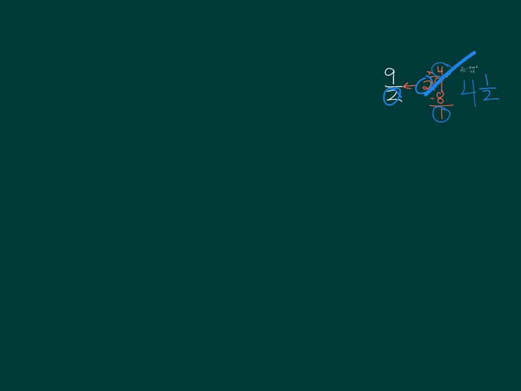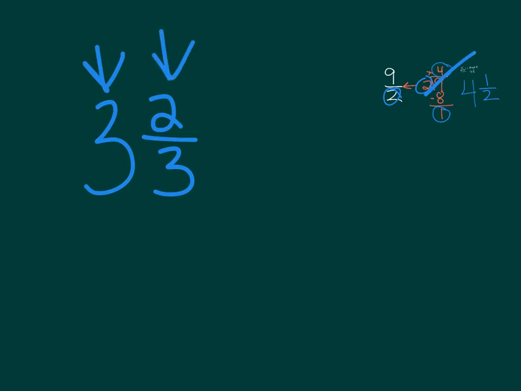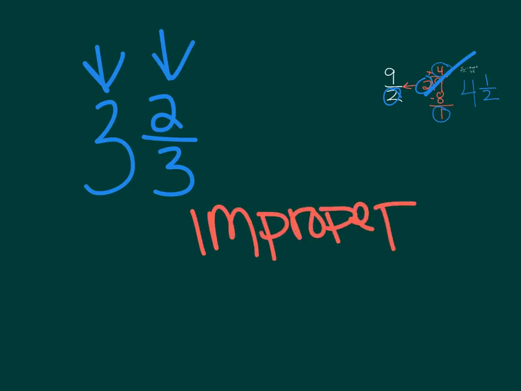So let's say we have 3 and 2/3 as our mixed number, right? Because we're mixing whole numbers with fractions. So I want to convert that into an improper fraction.